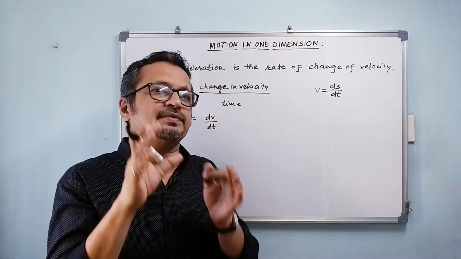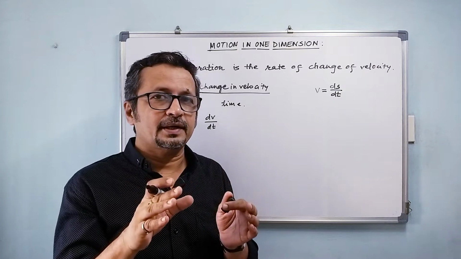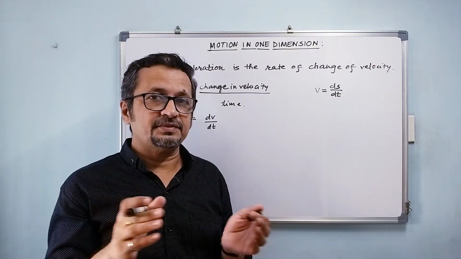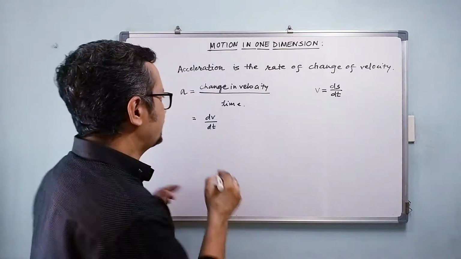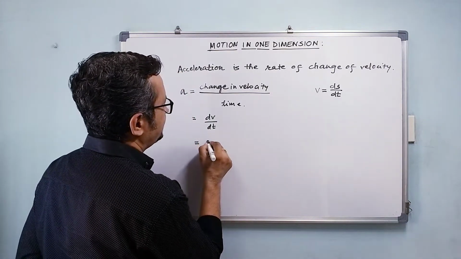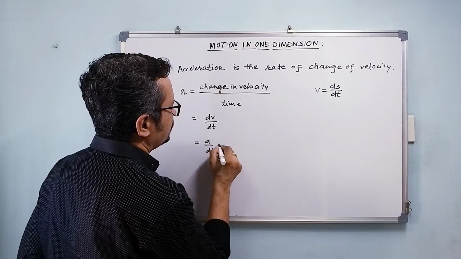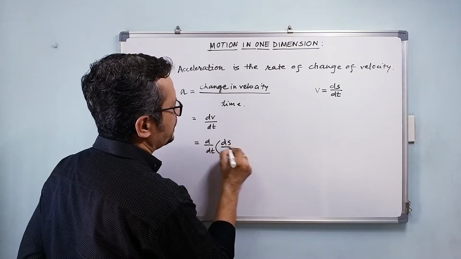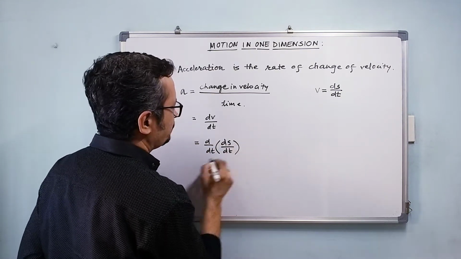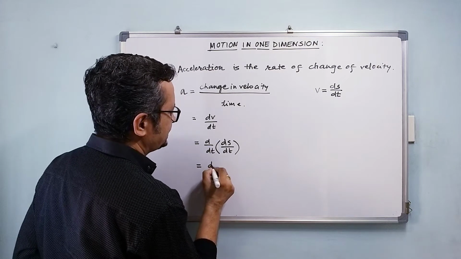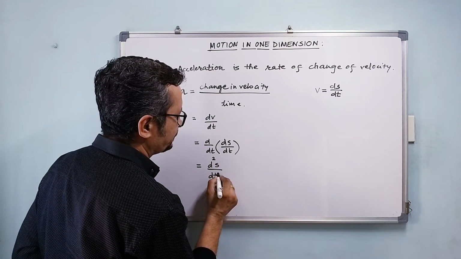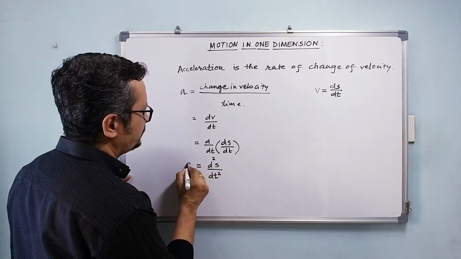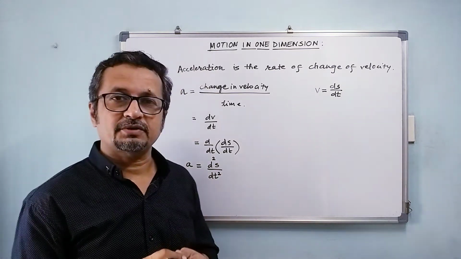For these fundamentals in calculus, refer to my calculus in physics videos. I am mentioning that link in the description. So it is again d dt of ds by dt. So acceleration is the second derivative of displacement with respect to time. That is how we write acceleration.